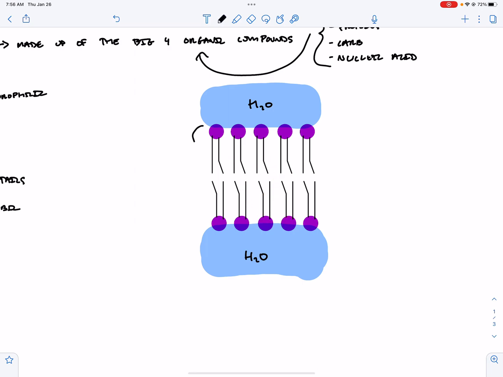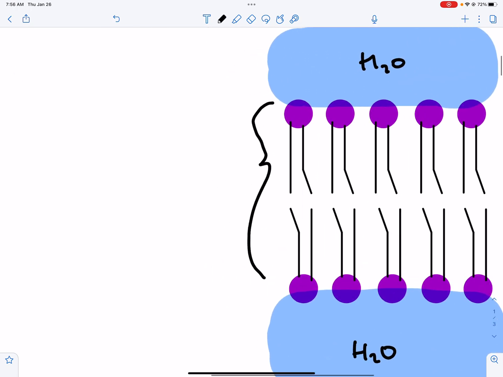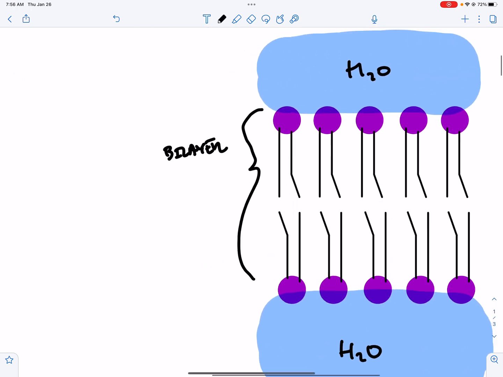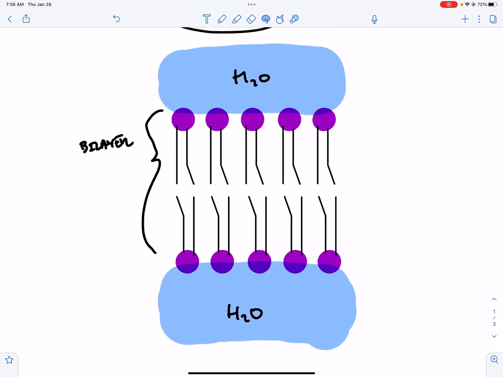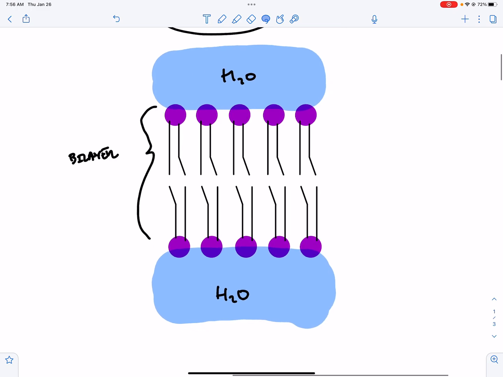This structure is called a bilayer, and it is the lowest energy state for this group of organic compounds. So it will happen spontaneously if you mix phospholipids and water.